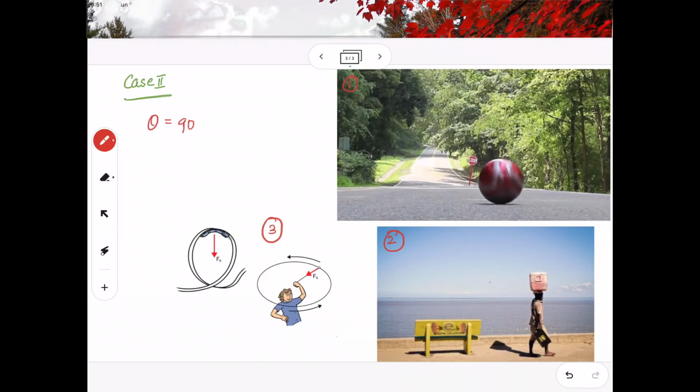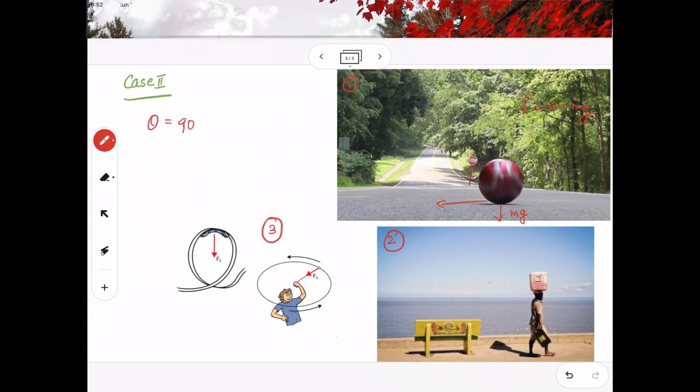Here the weight of the ball will always be acting downward, which is mg, but the displacement of the ball is perpendicular to the weight. The weight is actually the force. So F is equal to weight, which is equal to mg. The direction of the displacement will be perpendicular to the force.